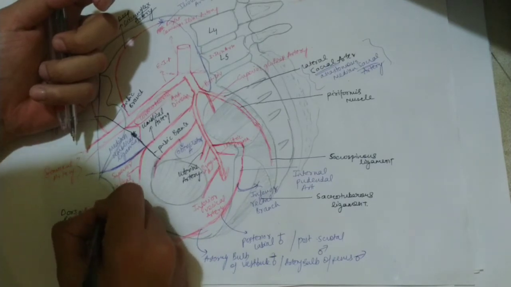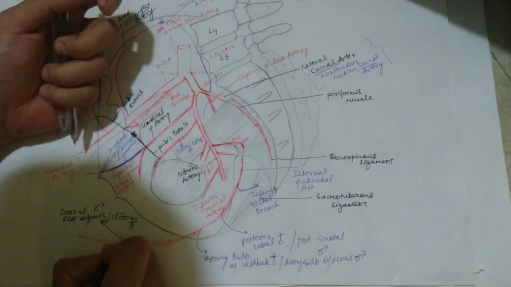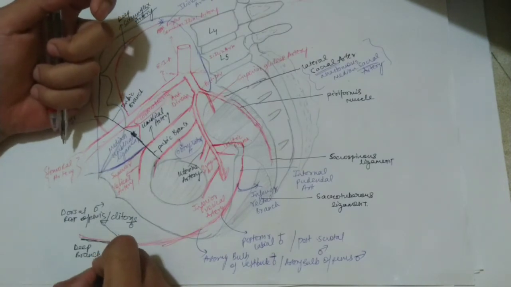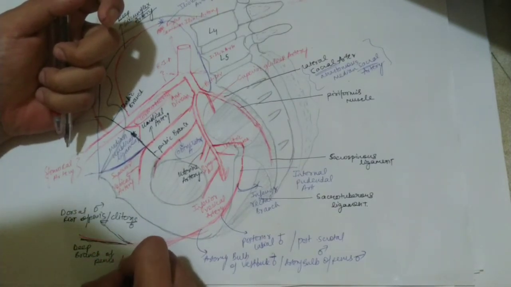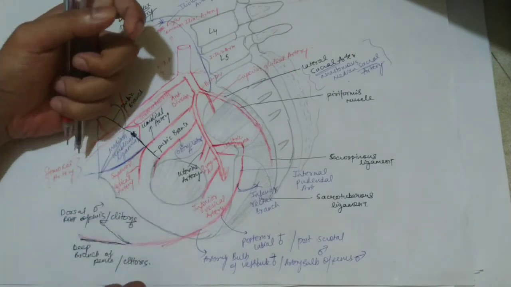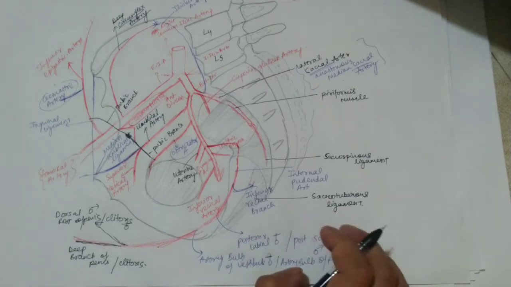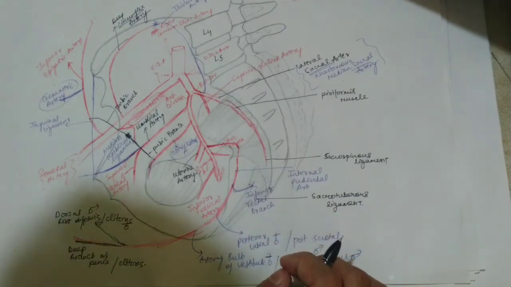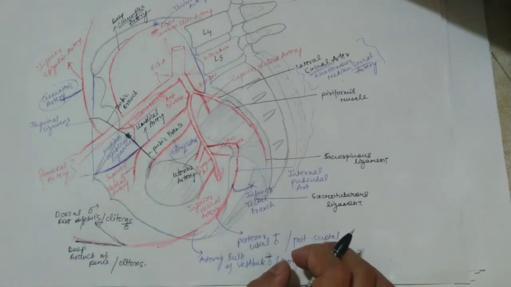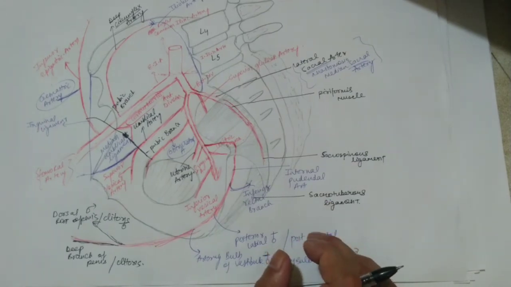So penis in males, and clitoris in females. There is also the deep artery of the penis, and likewise the deep artery of the clitoris. It goes to your perineum region, and there it supplies different organs in males and females.